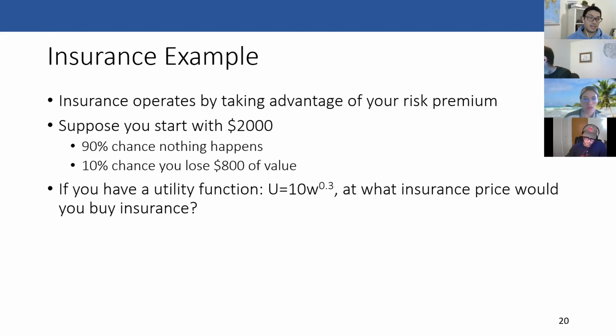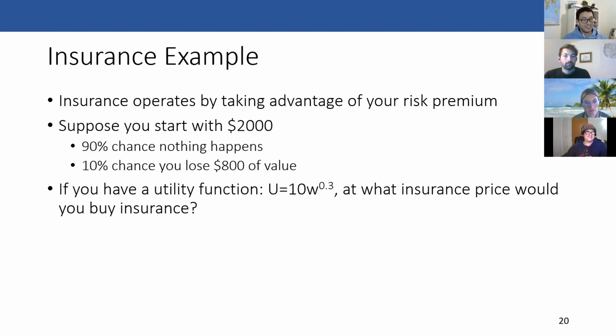Okay, so let's say you start with some value of $2,000. Let's say it's some asset that you have, like an antique book or something, and say 90% of the time nothing happens, but 10% of the time you have a chance to lose $800 of value, like there's a fire and half the book gets burned.